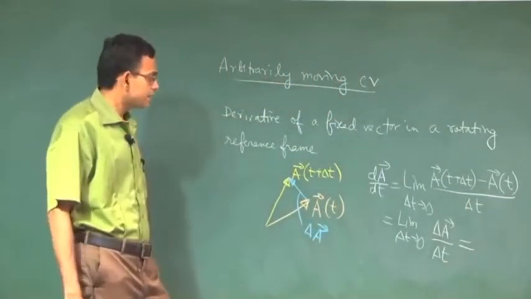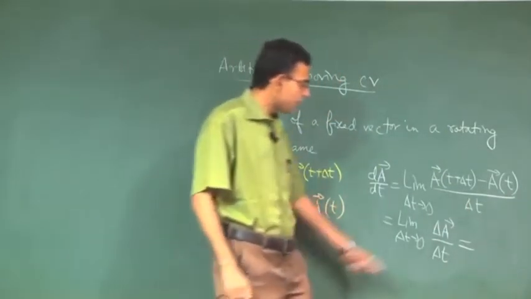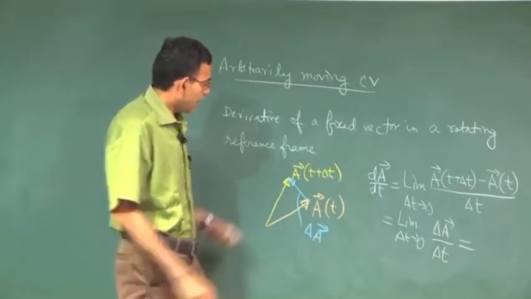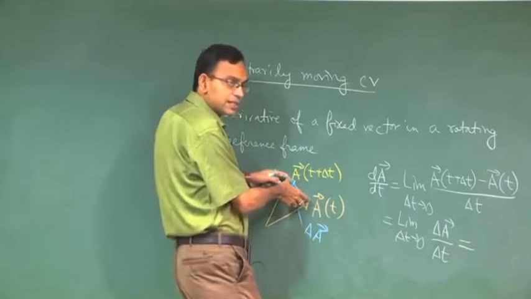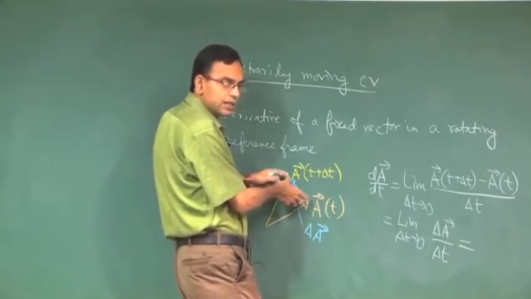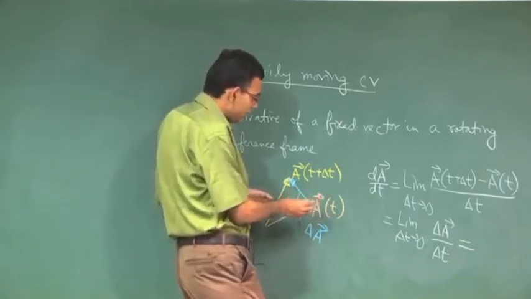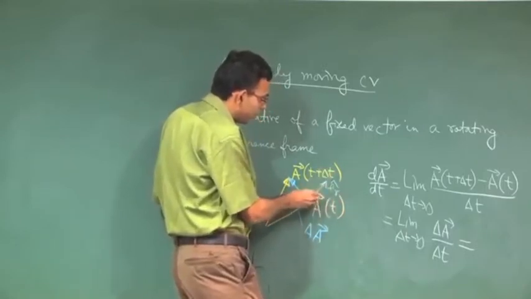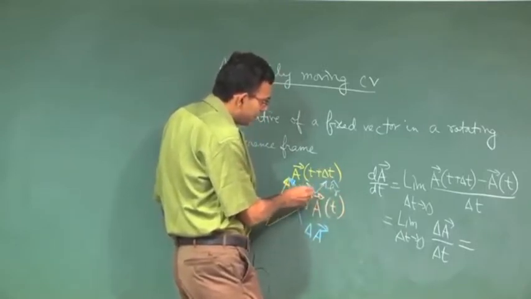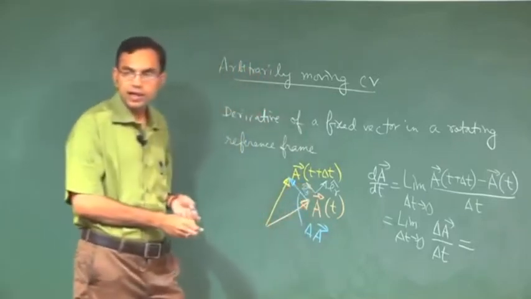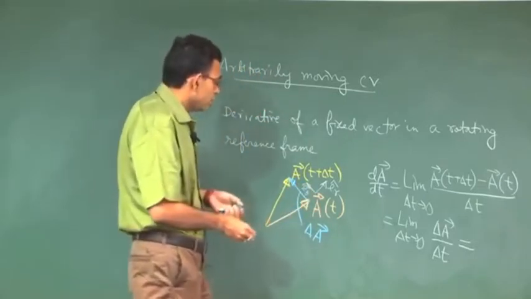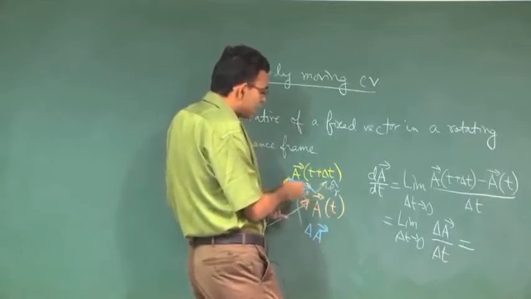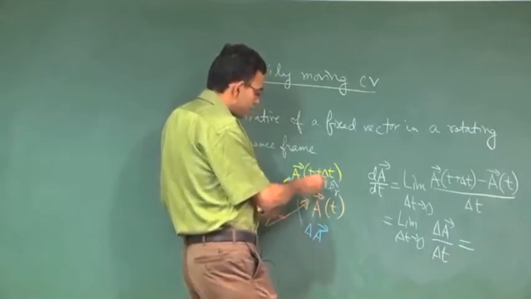we can write this delta A as the magnitude of this times the unit vector in this direction. Let us say that this is e_r, the unit vector along the r direction, and this is e_theta, the unit vector along the theta direction. Because A is along e_r, delta A is along e_theta. Why?